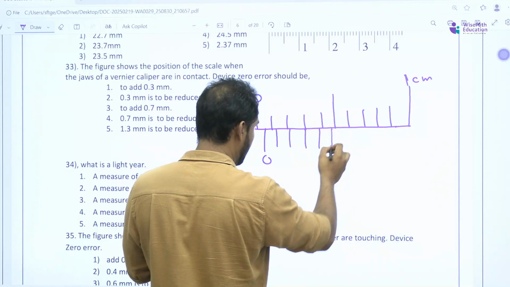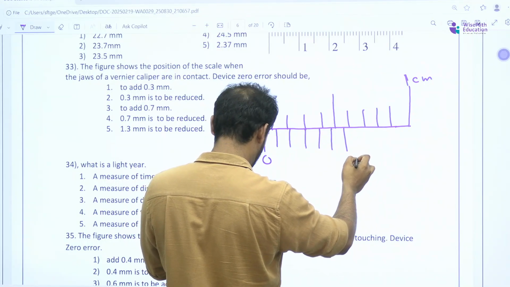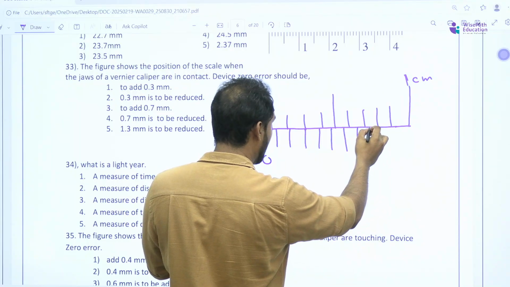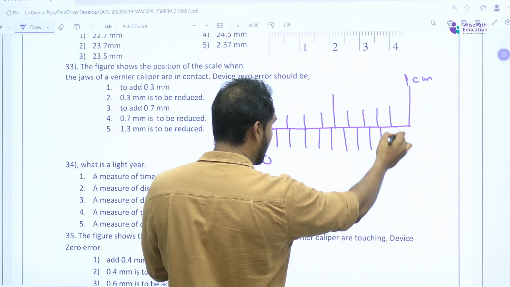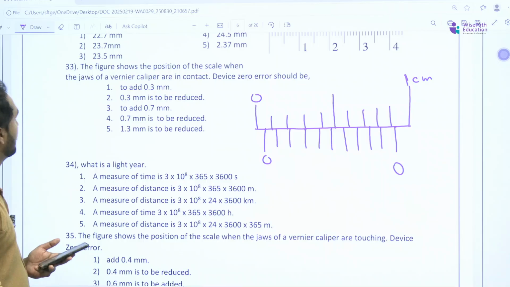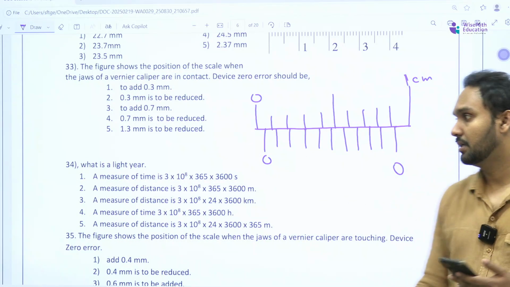Next the 5, 6, 7, 8, 9, and here the 0, right? So this is the diagram for the question number 33, right?